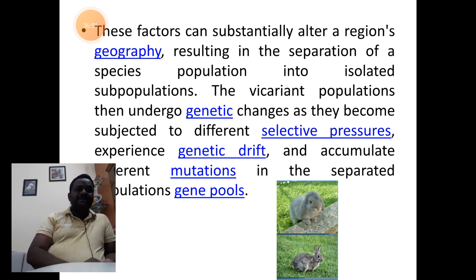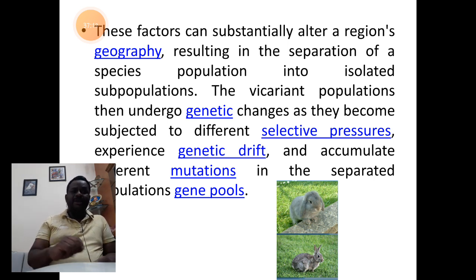These changes have isolated the ancestral population and made them move to a new environment. They showed genetic variations which are accepted and selected by nature.